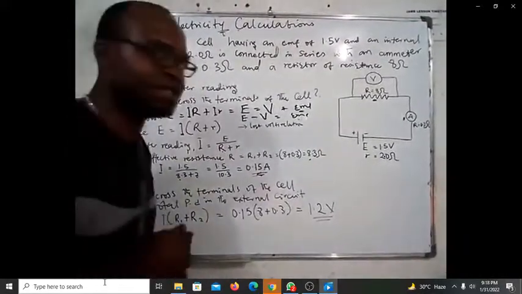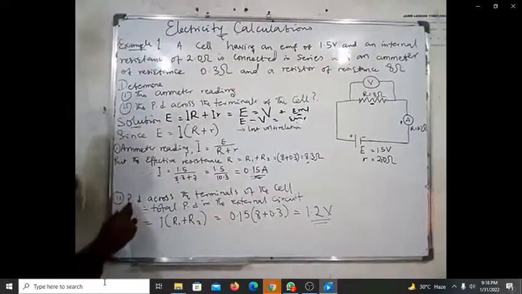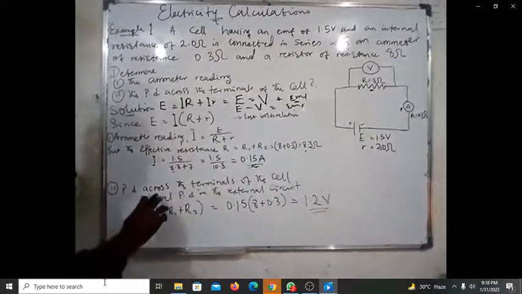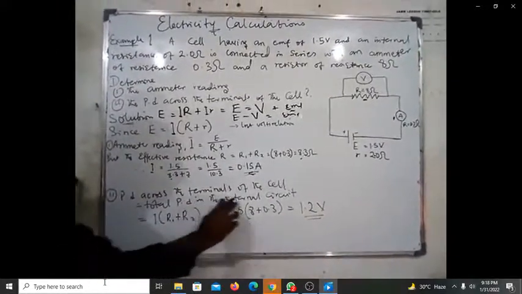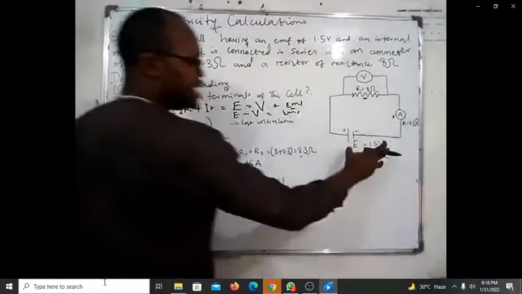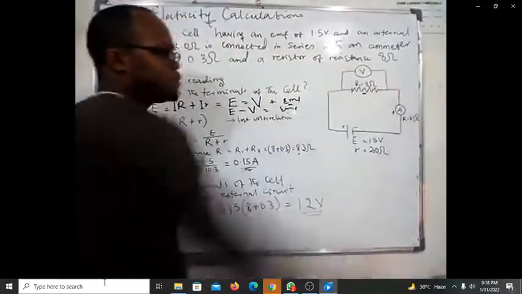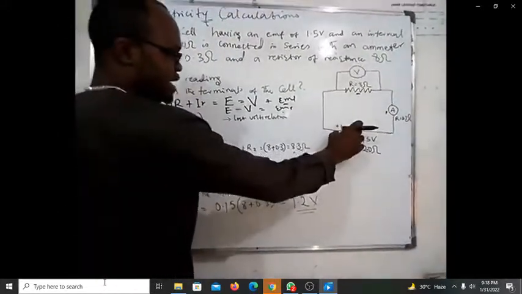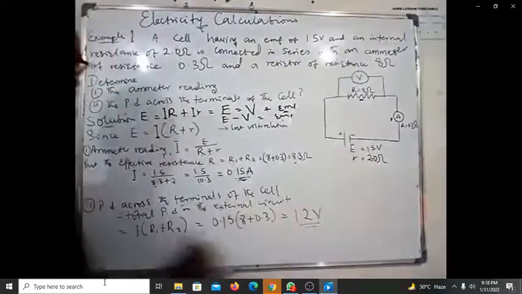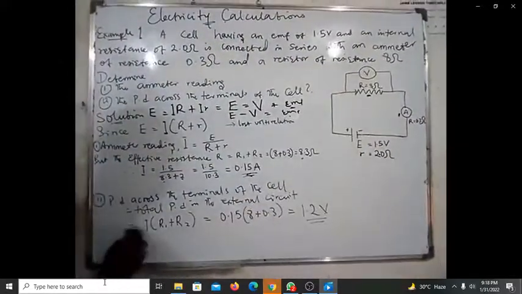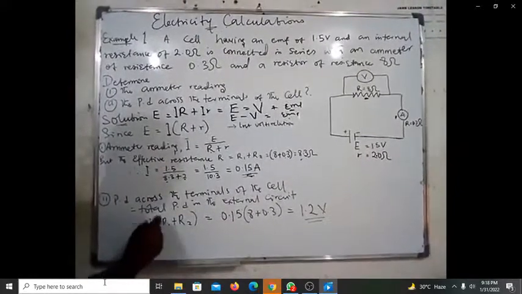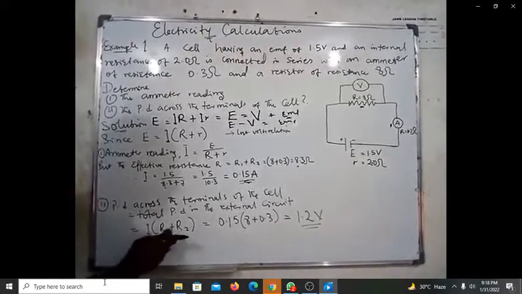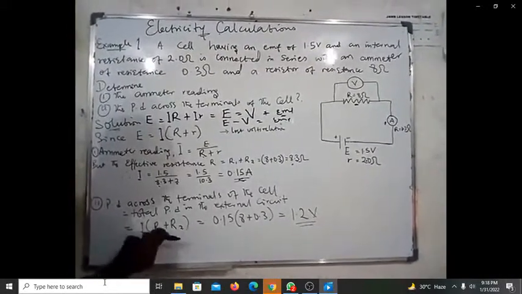So we've solved number 1, is it not? Now to solve number 2, which is the potential difference across the terminals of the cell. What is the potential difference? It is the total potential difference in the external circuit. You know that this cell is supplying the external circuit. So the potential difference across the terminals of this cell is the total potential difference in the external circuit, which is simply IR, current times resistance.